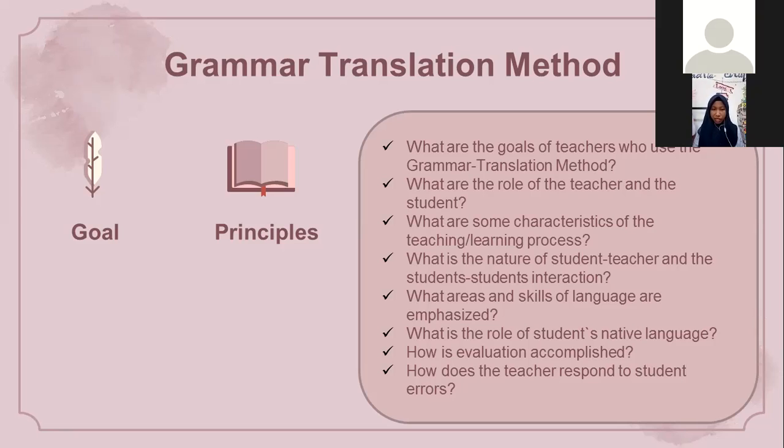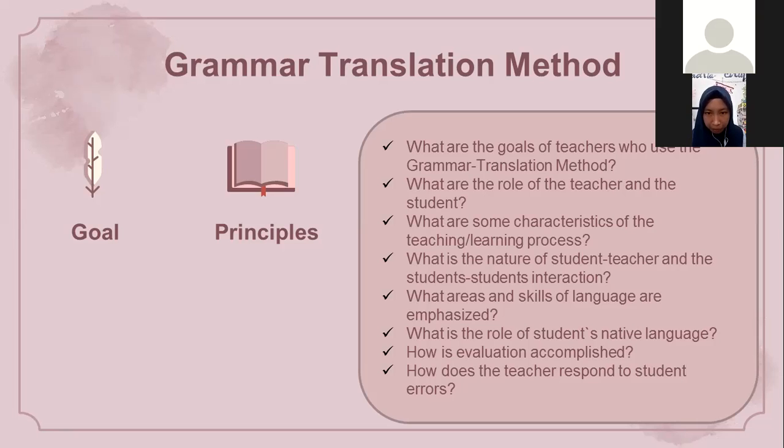So the interaction in this method is merely from the teacher to the students, and less active between the students. Mostly it is from the teacher to the students. The teachers transfer the knowledge to their students.